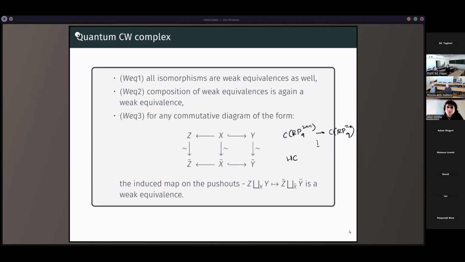So, may I have a comment on this question? Yes. If you have this machinery of quantum CW complexes, you have plenty of exact sequences. And then at least in the complex case, for instance on the level of K-theory, you have such similarity to the classical picture.